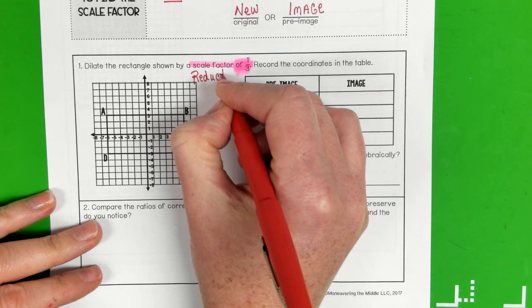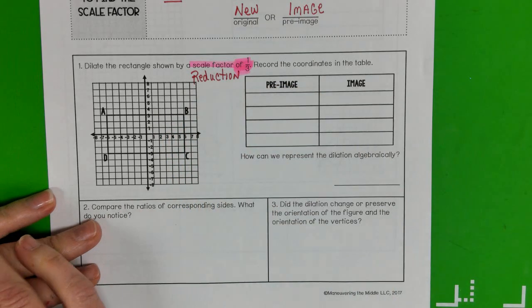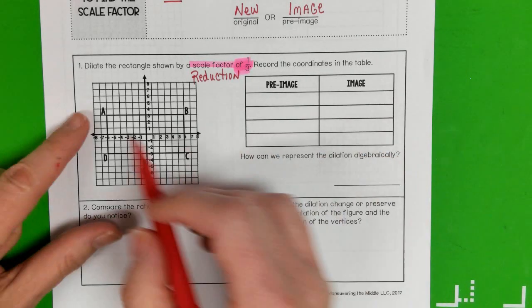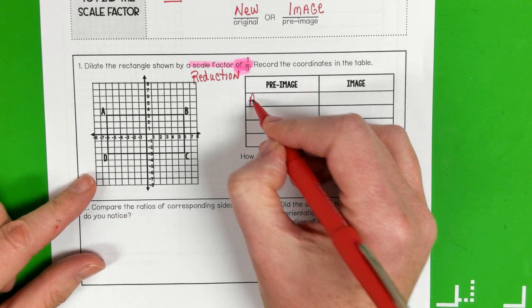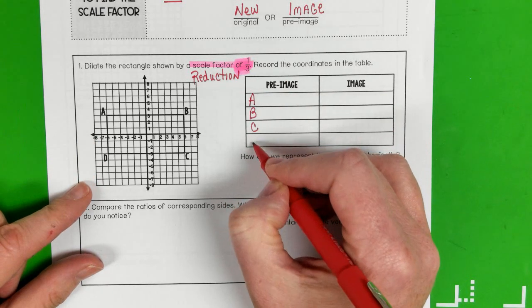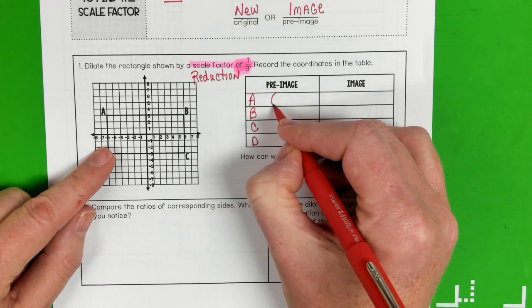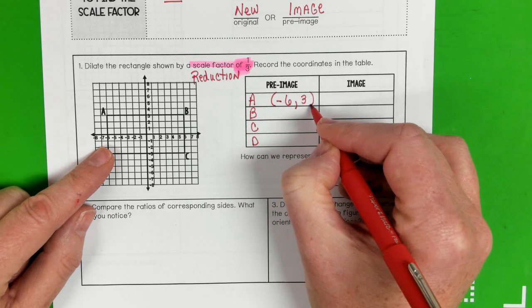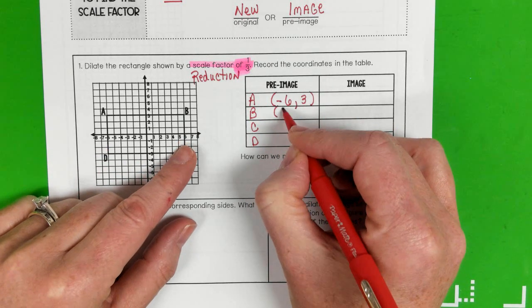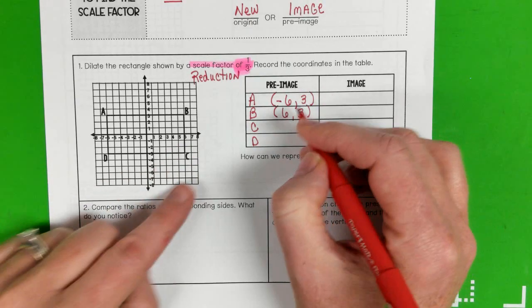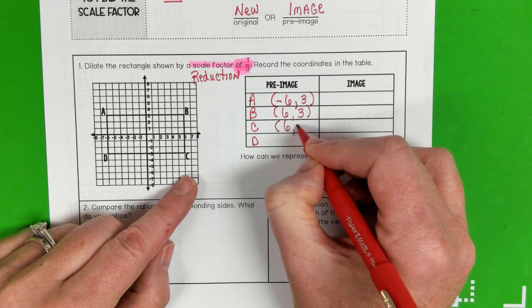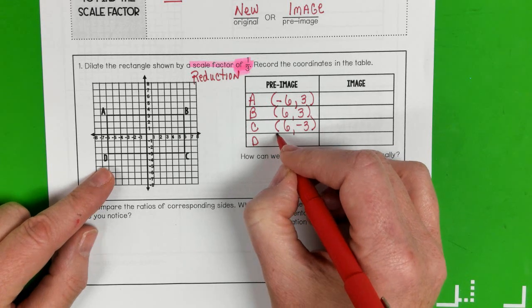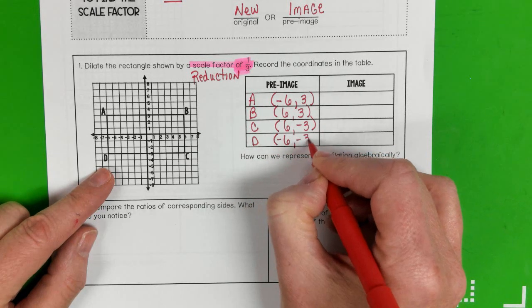If you'd like to pause the video and write down your coordinates for A, B, C, and D, then do that. I'm going to write them real quickly here. We have -6, 3. We have 6, 3. 6, -3. And -6, -3.